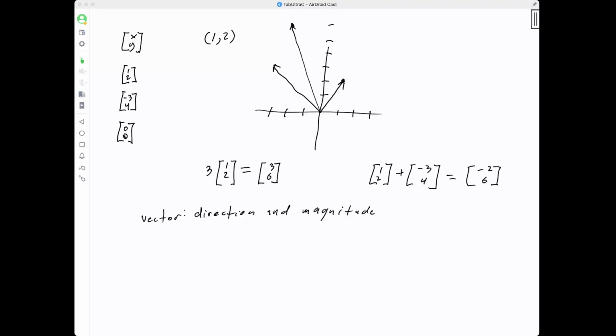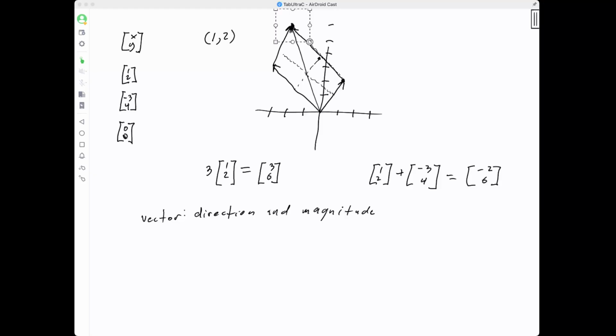But I can also get to that point by just moving the vector 1, 2 to the end of vector negative 3, 4. Or the vector negative 3, 4, move that vector to the end of vector 1, 2. So I moved that vector up there, and either way, I get to this point.